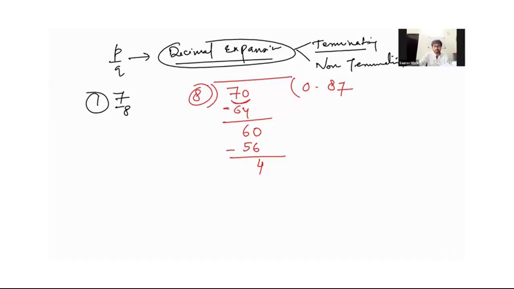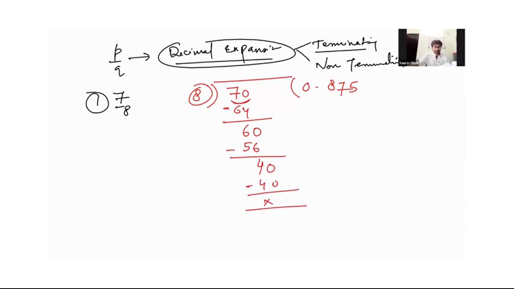Now again 40. It was 4, but we have taken a 0, so it is written like 40. In the table of 8, 40 is available, it is 5 times. So we write minus 40 and cancel it. We get our remainder 0.